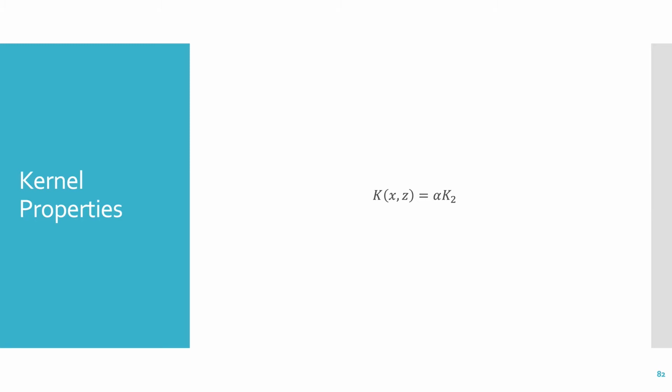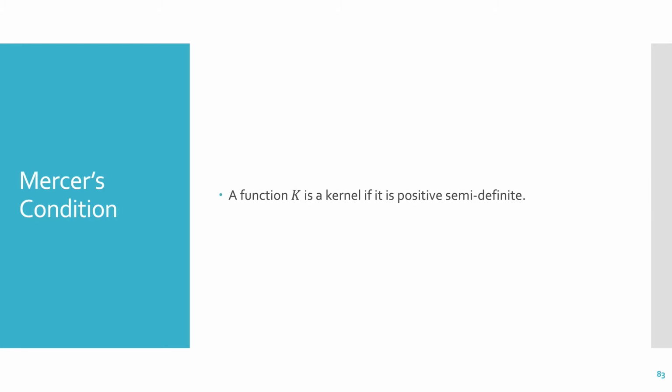Is there another way to check if something is a kernel? Yes. A function k is a kernel if and only if it is positive semi-definite. What does that mean? It must satisfy Mercer's condition, which is for all functions f that are square integrable, which is this side, the following holds.